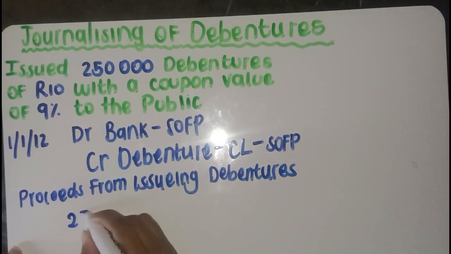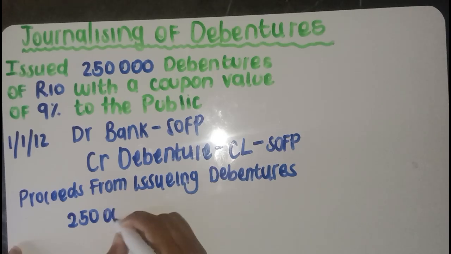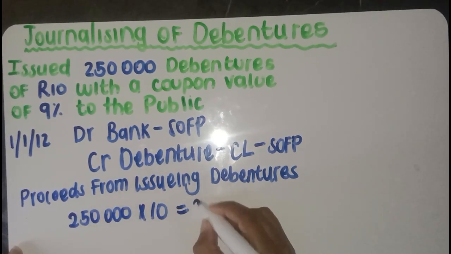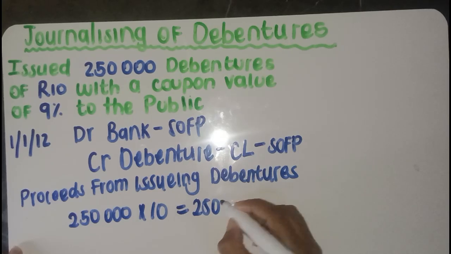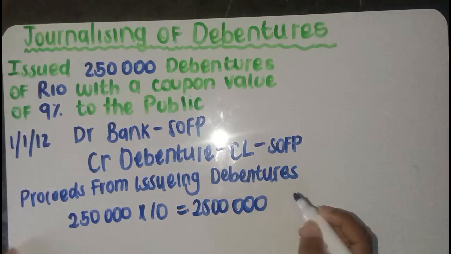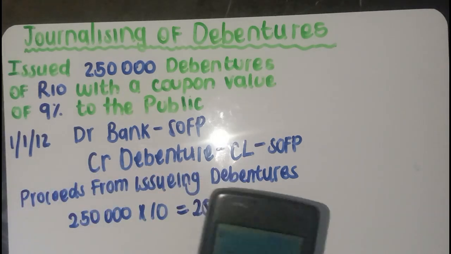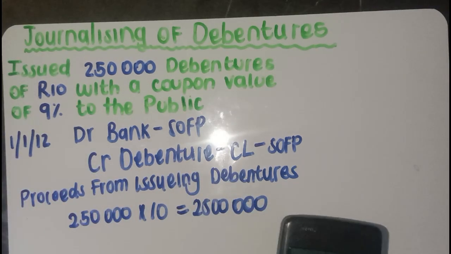And then how do you calculate the amount that you record here? You're going to say 250,000 and you multiply it with the 10 rands. That should give you 2500. Let me confirm, because I did that off by heart, but the number of zeros are supposed to be 5.